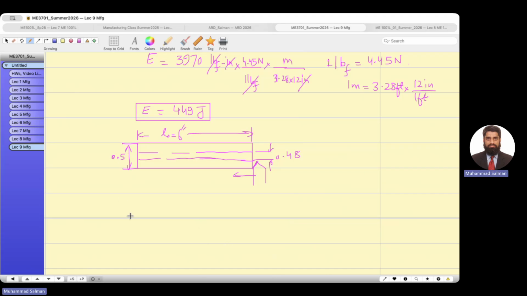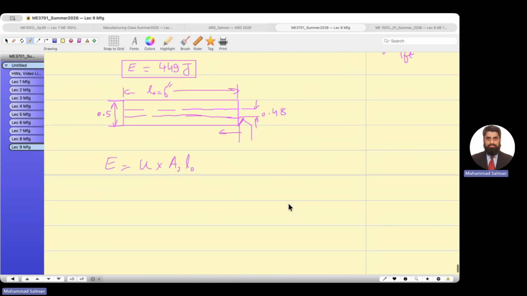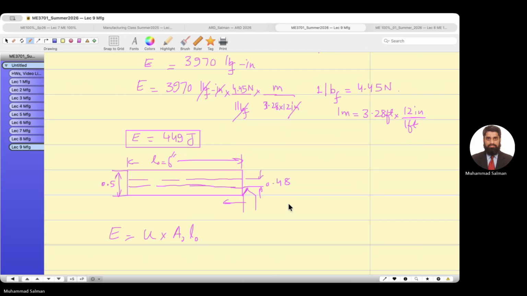And energy equals U times A naught L naught. And for the shear energy, you should have been given this energy. So let me write down the shear energy.